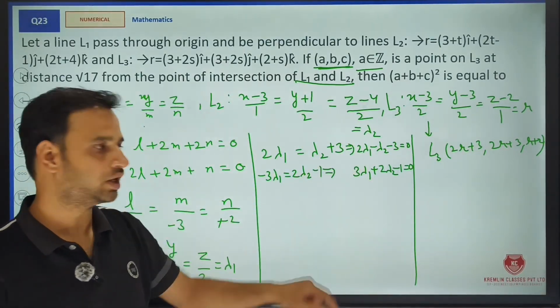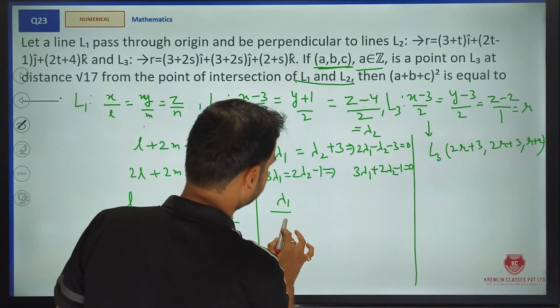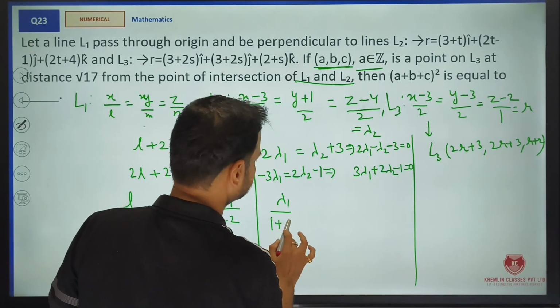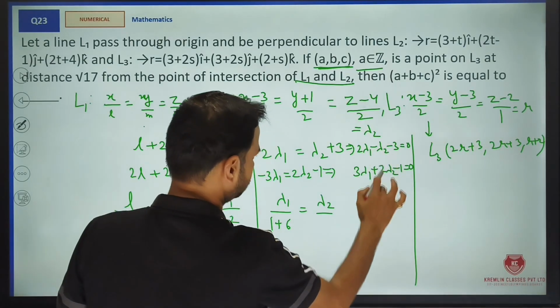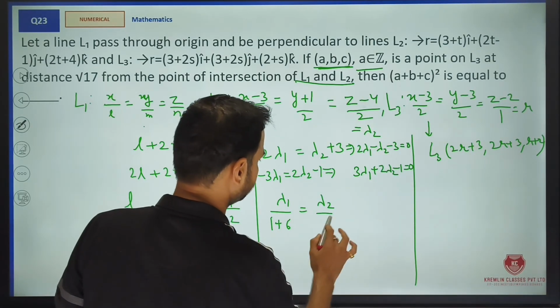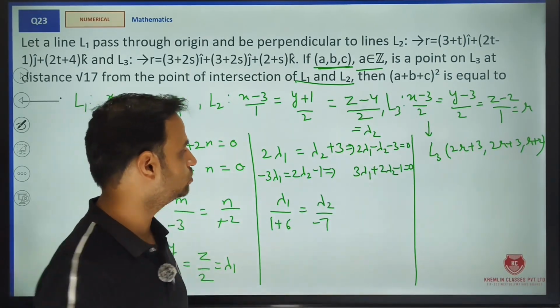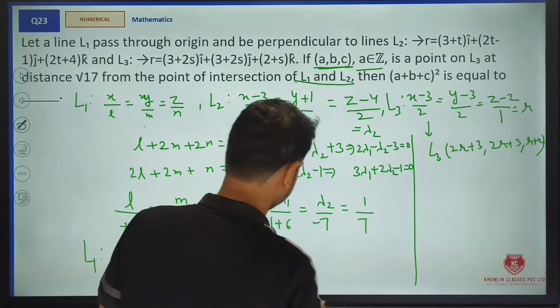So we can solve it by cross multiplication. Lambda 1 upon (1 plus 3 to the 6), lambda 2 upon (minus 9 plus 2), 1 upon (4 plus 3).